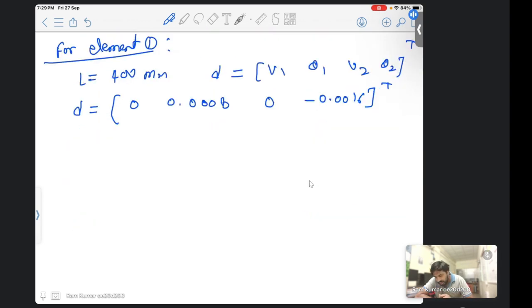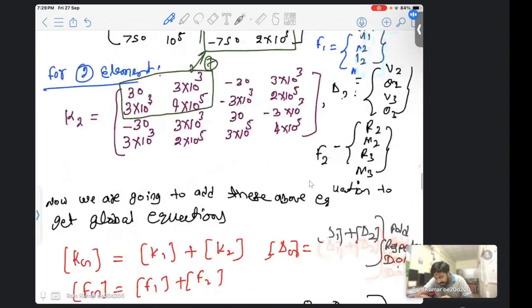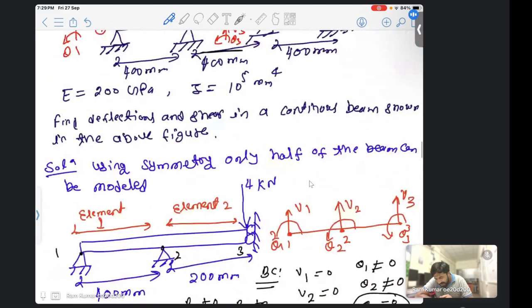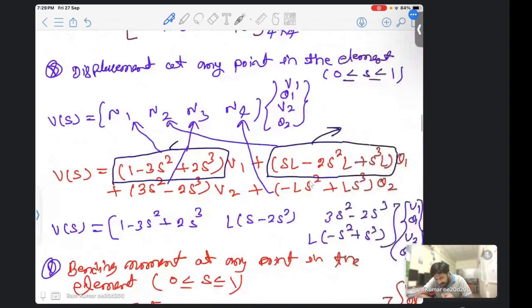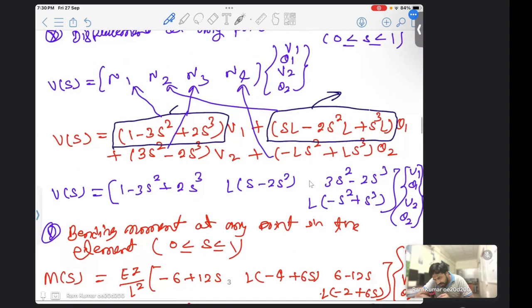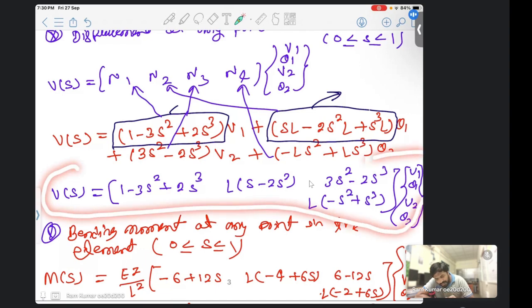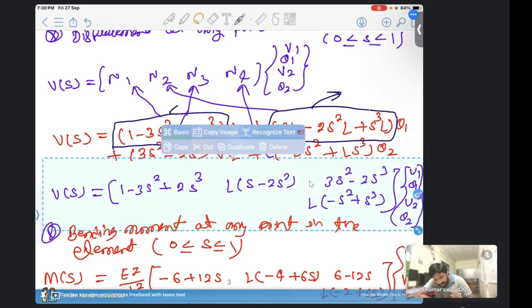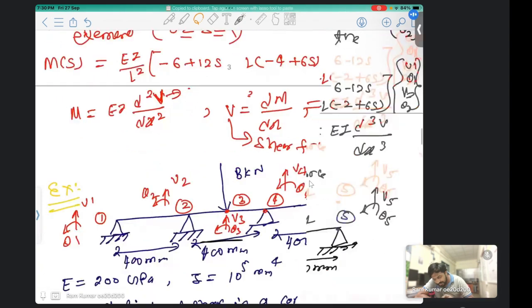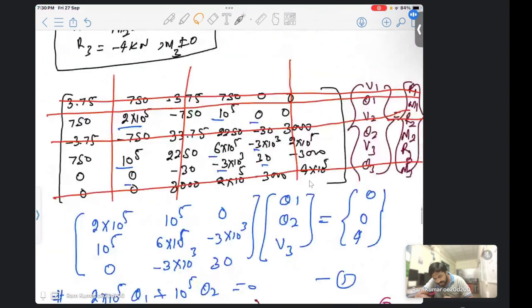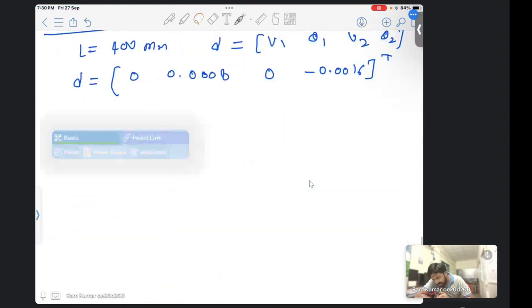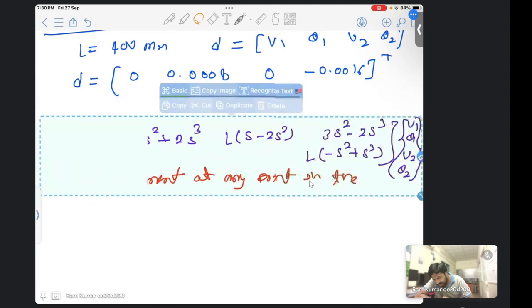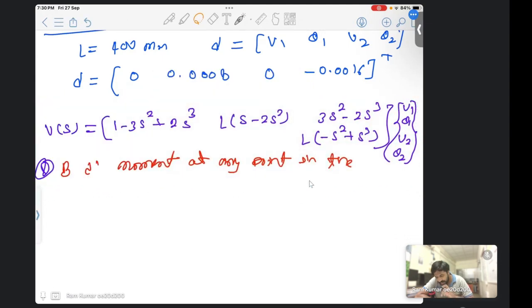Like this, I will add transpose, so it becomes vertical. Now, as I told you, for vertical displacement we have this general equation to get the displacement for any element. I will just copy from here and paste it down here.